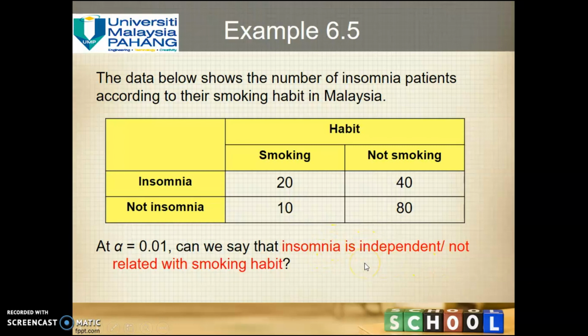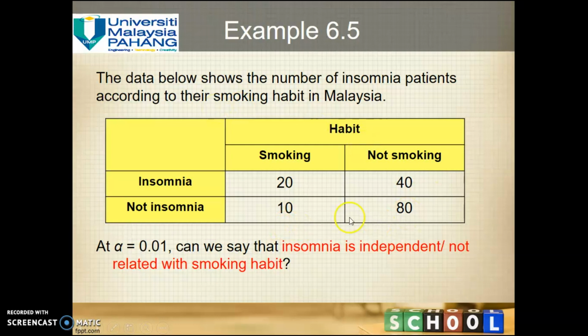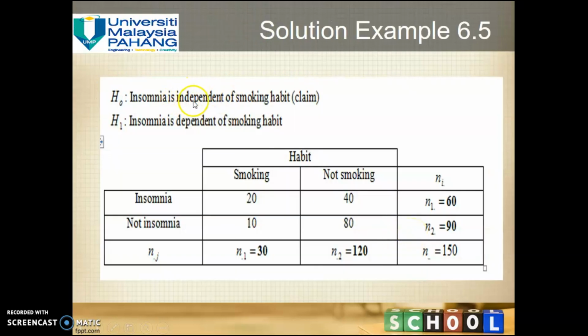Any keyword will be accepted as long as it is correct. Or you can talk about affected or not. H0 is not affected, H1 affected. To be easy, just follow the keyword in your question. So H0: insomnia is independent of smoking habit, and H1: insomnia is dependent on smoking habit.